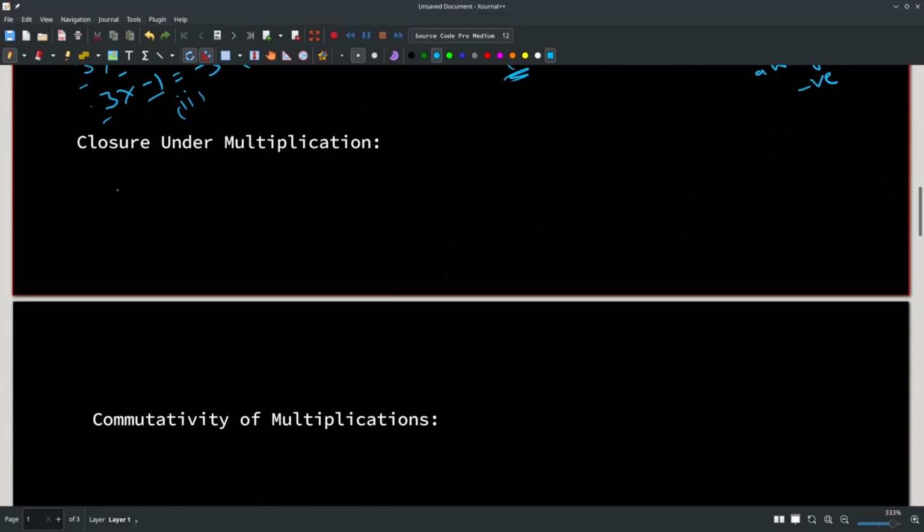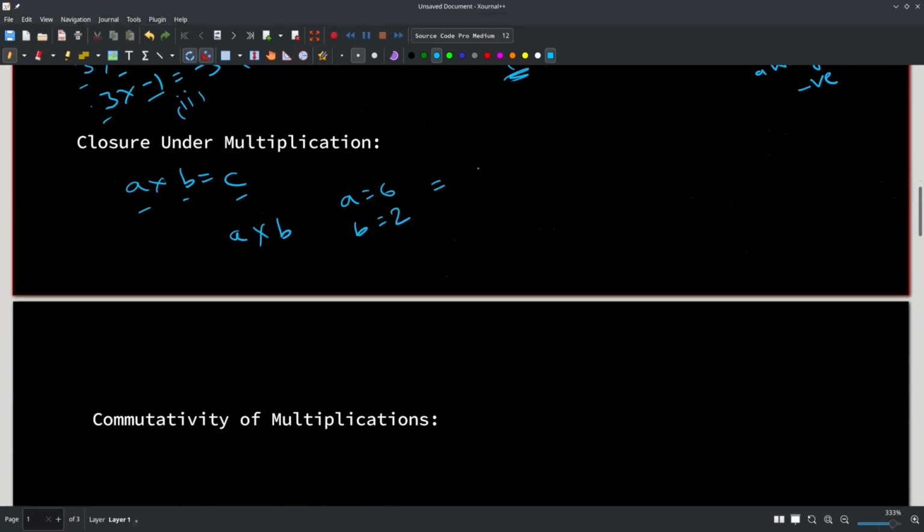Let's talk about a small concept, which is closure under multiplication. That means you have integers multiplied with integers resulting in other integers. So you have any number a into b will get c, where all are your integers. Let's take a as 6, b as 2.